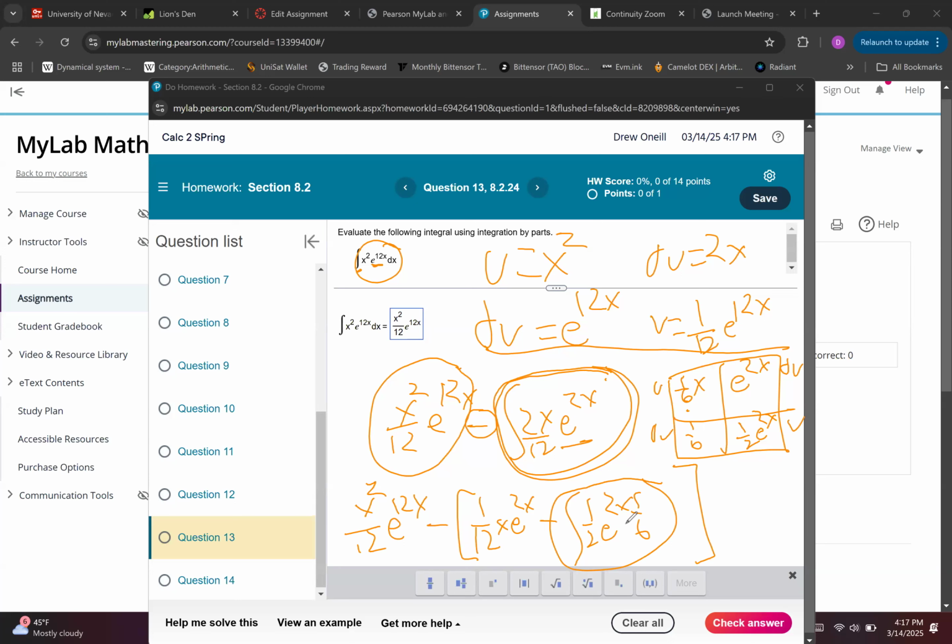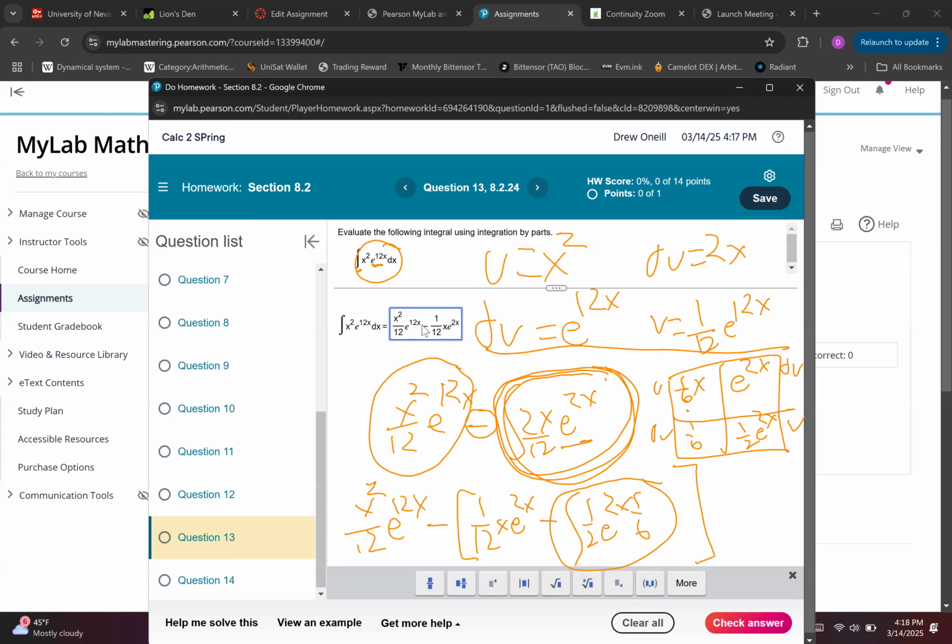This is just something that's integrable, right? 1/12 e to the 2x. I can do that in one integral. I don't need integration by parts. But when I had this, because there's an x and e to the 2x, I have to do integration by parts for that. So how this answer will look is minus 1/12 x e to the 2x.